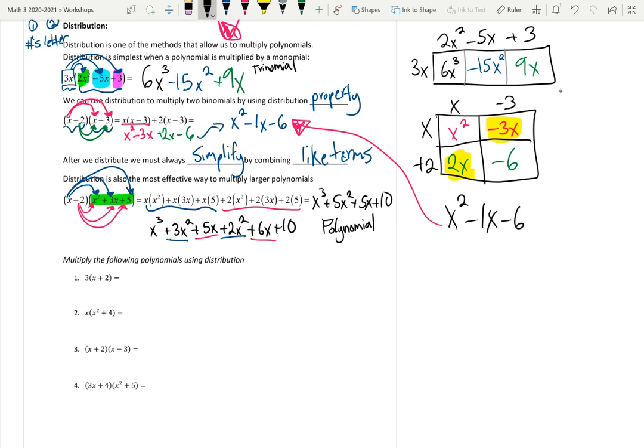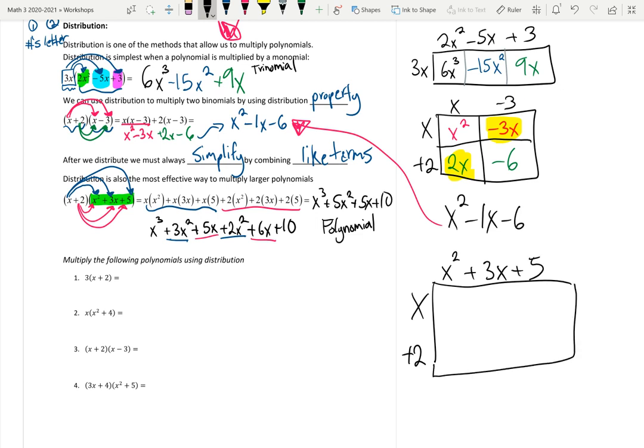The final one is very similar, except it's just a little more convoluted. It starts out with 2 terms, so I'm going to go x and positive 2. And then on the top, I write for each term, x squared plus 3x plus 5. A 2 by 3 makes 6. So now I'm going to continue. x times x squared, x to the third, 3x squared, 5x.